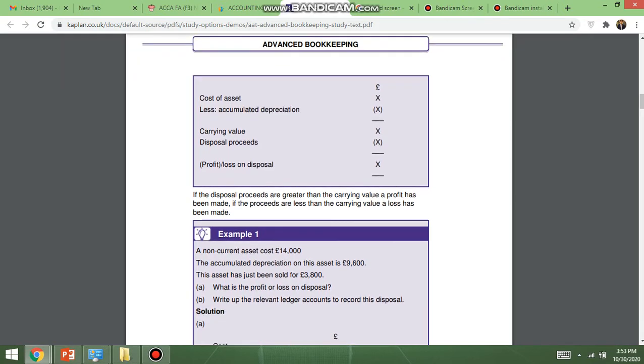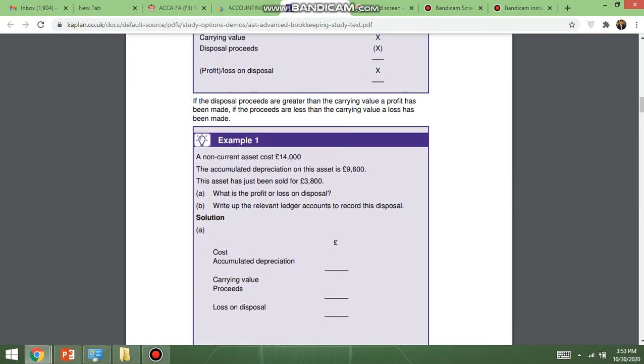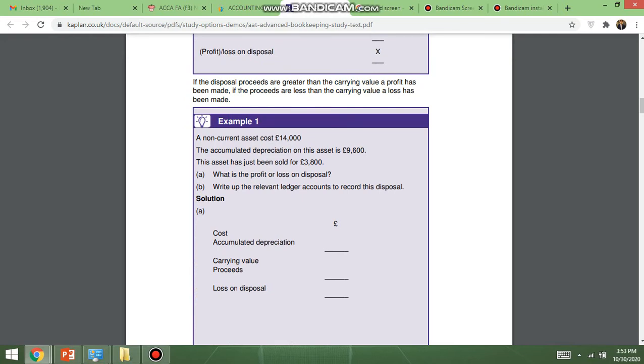Now let's see an example of a non-current asset account. A non-current asset costs £14,000, the accumulated depreciation is £9,600, and it has been sold for £3,800. So what is the profit, and what are the relevant ledger accounts which we need to make?